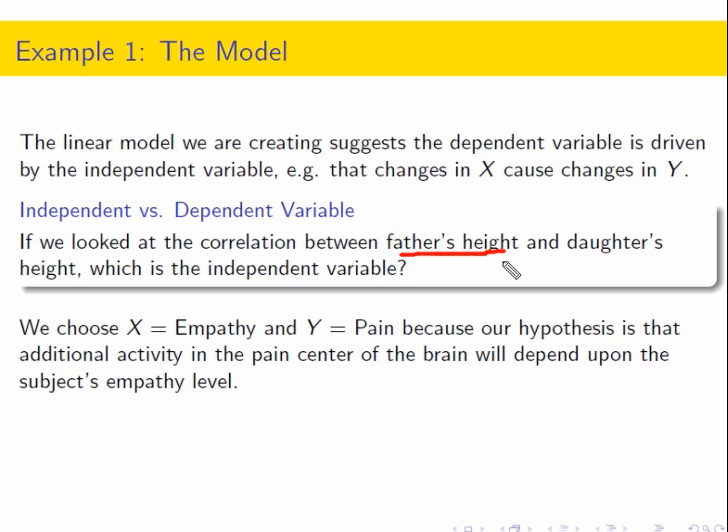Obviously, one of them needs to be the independent variable. Genetics get passed in one direction, so the father's height would be the independent variable and the daughter's height would be the dependent variable, because the daughter's height would depend on the father's height. Now, in some examples, it doesn't particularly matter which one is which, but along with this linear model comes the implicit assumption that one variable is driving the other.